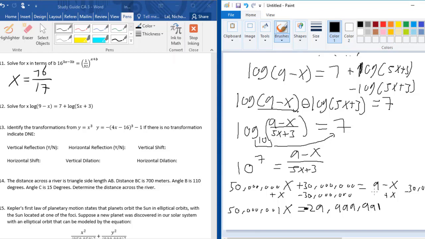And then the last step is I just divide each side by 50 million and 1 to get x.